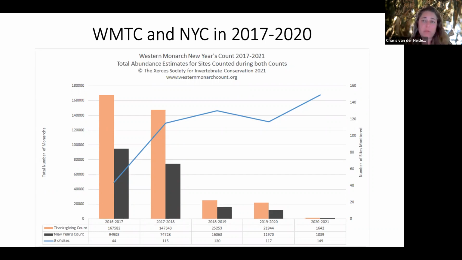In the spring of 2018, they found a remarkable decline in the number of eggs and caterpillars at their sites compared to 2017. And they documented the constriction of the breeding range.